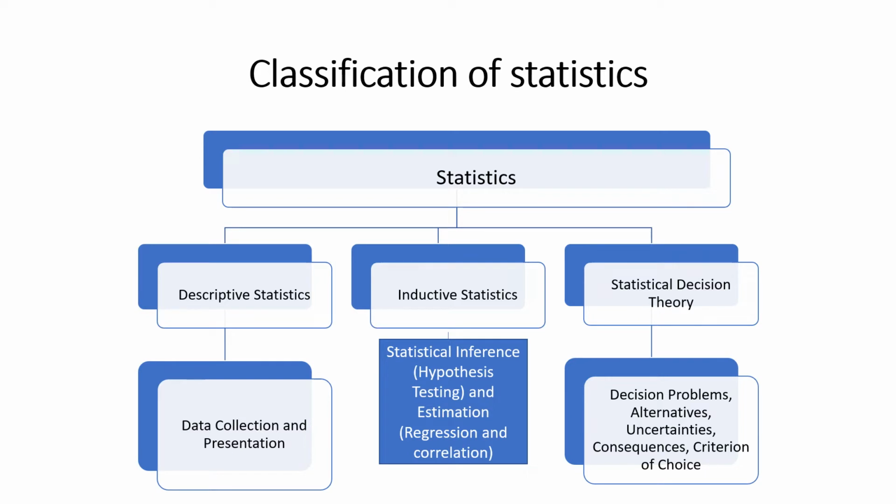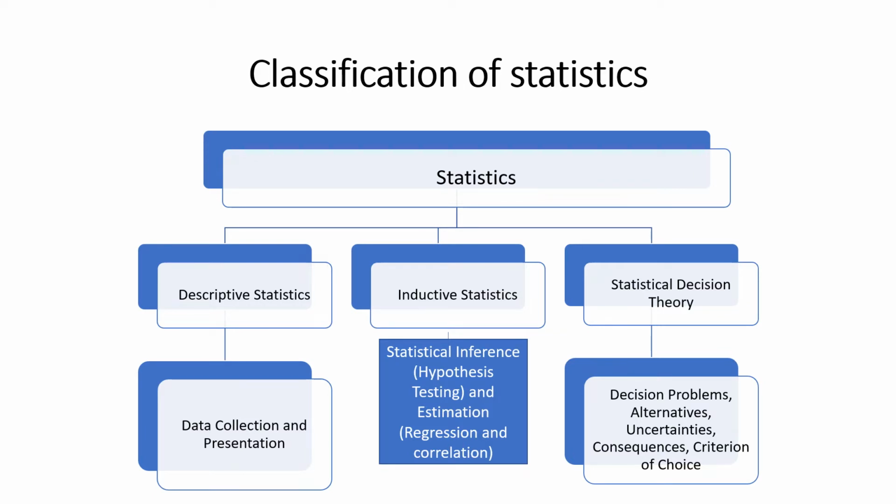Statistical methods. You have different methods like descriptive method, analytical method, inductive method, inferential method, and applied method. Descriptive method is also known as descriptive statistics. It consists of preliminary steps to find analysis and interpretation.